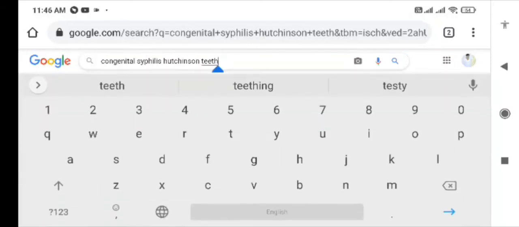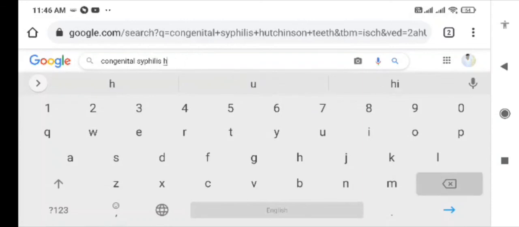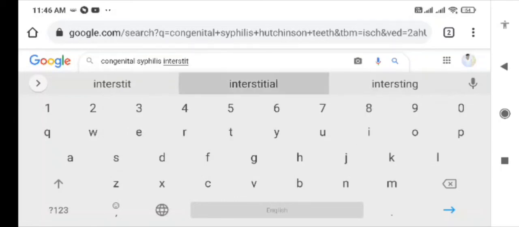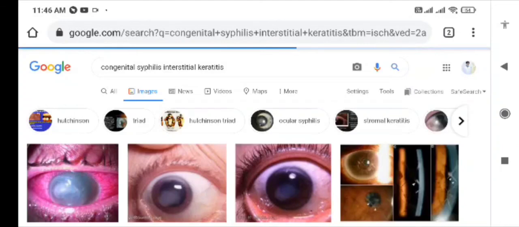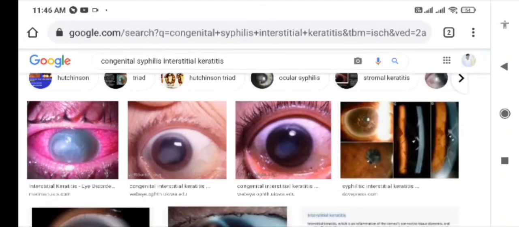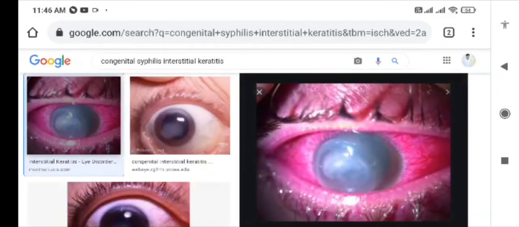Another thing is interstitial keratitis. Let me show you this one. Yes, this picture. Look at this. What is this?